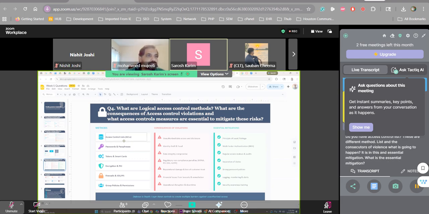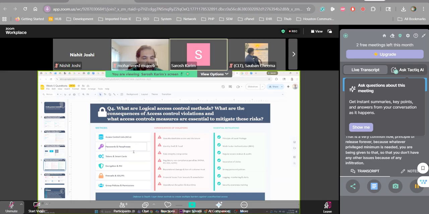So for the access control list, you have unauthorized access and disclosure, and you mitigate this by the principle of least privilege. That is very common now, because whatever minimum privilege is needed is what you are given, so that you don't have other issues because of any infiltration.